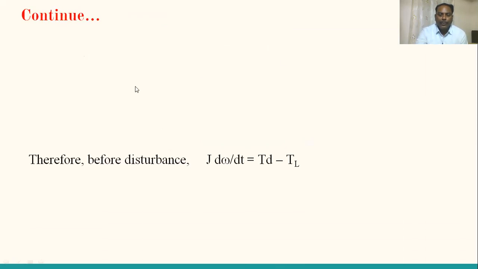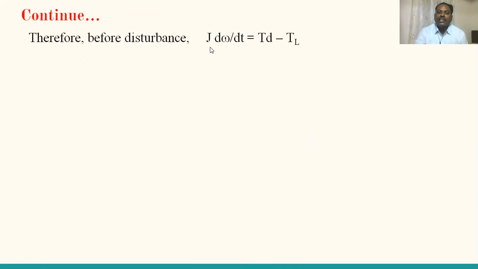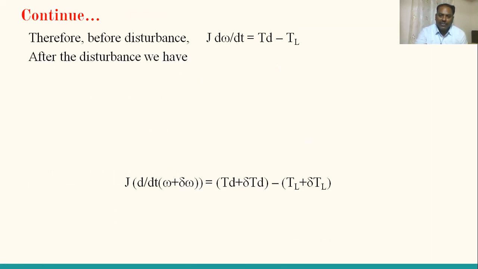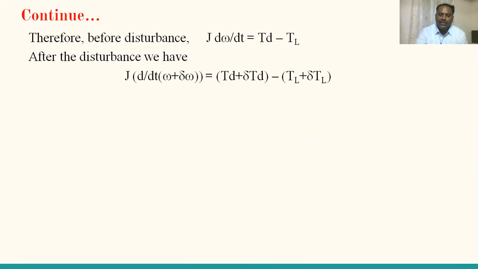Therefore, before the disturbance, the torque balance equation is J d omega by dt equals TD minus TL. After the disturbance, we have the same equation in terms of delta omega, delta TD, delta TL taken into account: J d by dt of (omega plus delta omega) equals (TD plus delta TD) minus (TL plus delta TL).